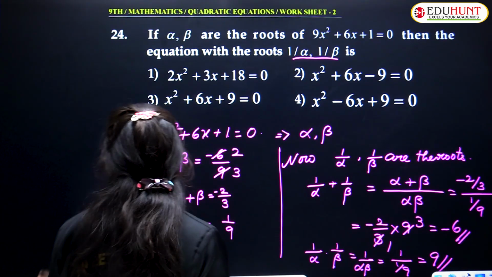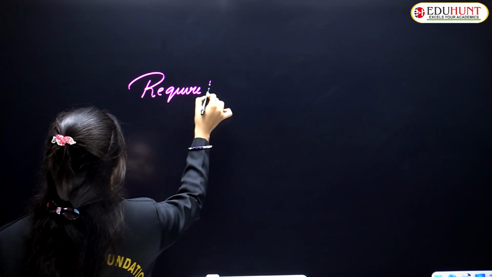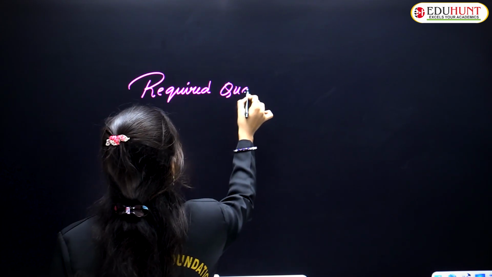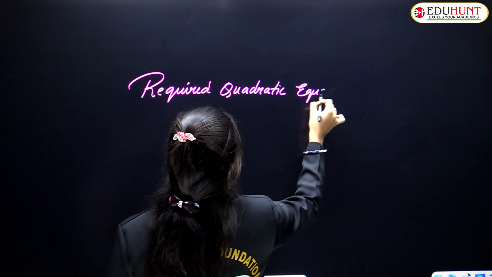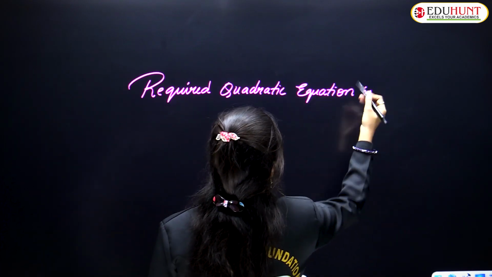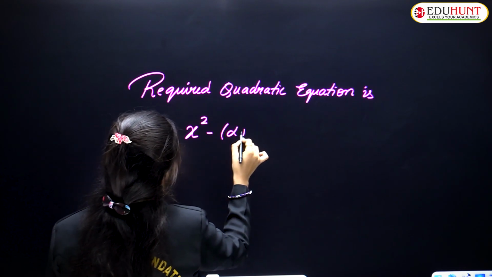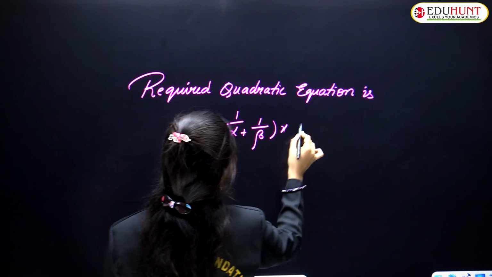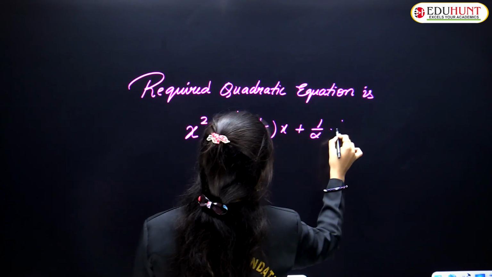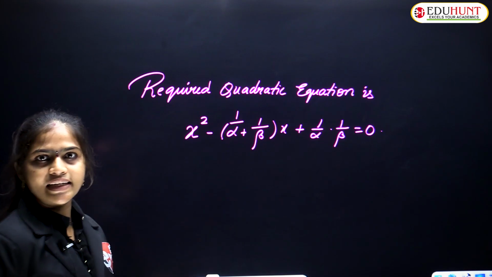Now the required quadratic equation is x square minus the sum of the roots, 1 by alpha plus 1 by beta, into x plus 1 by alpha into 1 by beta is equal to 0. This is the required quadratic equation.